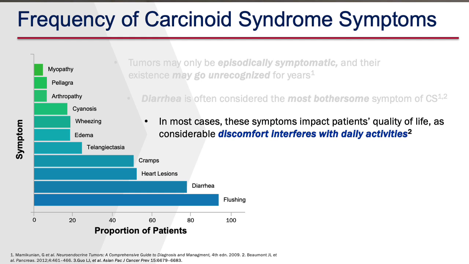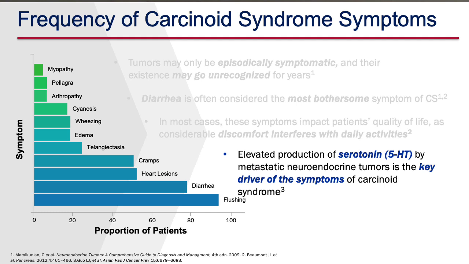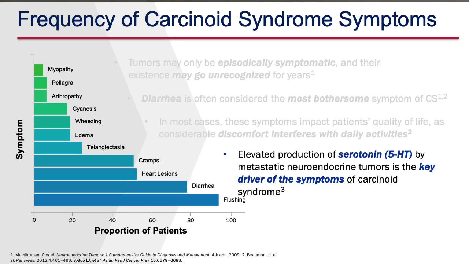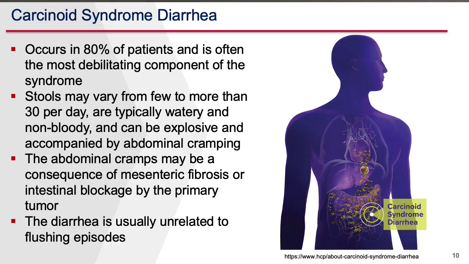We discussed the different discomforts because of the symptoms related to neuroendocrine tumors. We also discussed that the elevated production of serotonin is the driver of these symptoms, and that flushing and diarrhea are the most common symptoms associated with carcinoid syndrome.